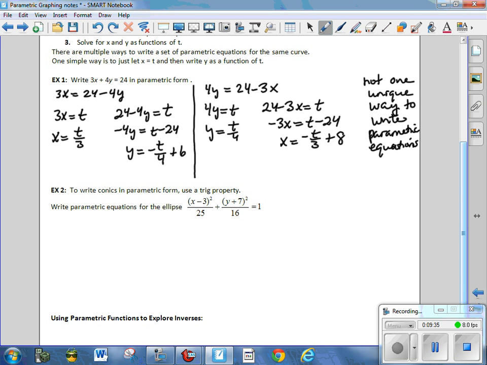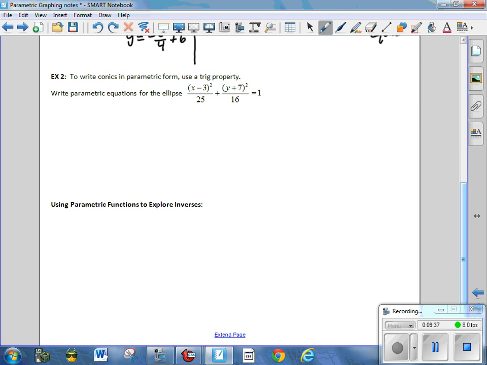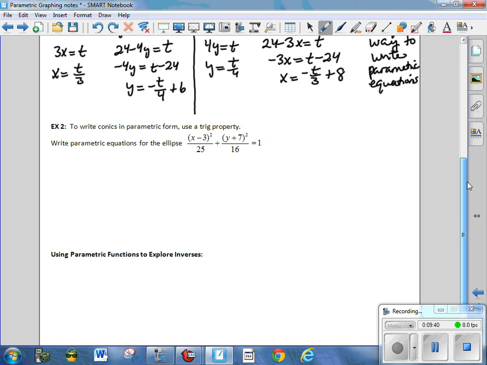Okay, in conic form now, once again, we're going to reverse what we did up above, and we're going to say this is in the form cosine squared t plus sine squared t is equal to 1, and then I'm going to just say (x minus 3) squared over 25 is equal to cosine squared of t.